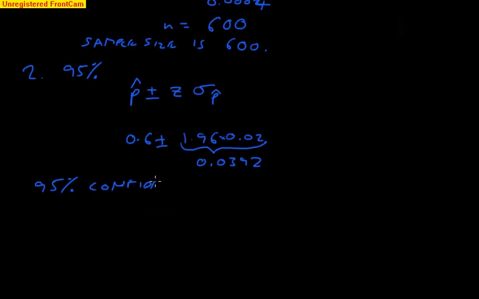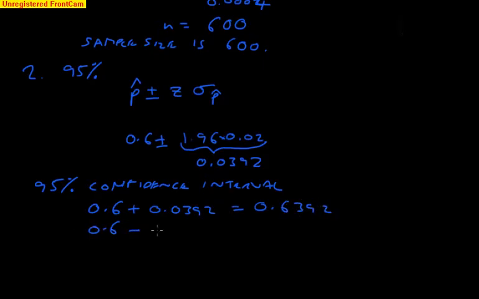in which case the 95% confidence interval is 0.6 plus 0.0392, that's 0.6392, and it's 0.6 minus 0.0392, and that comes to 0.5608.